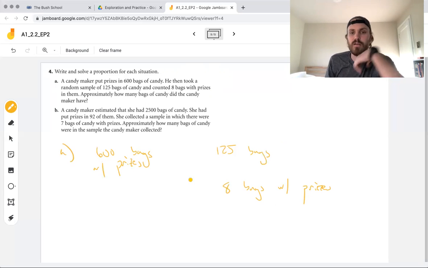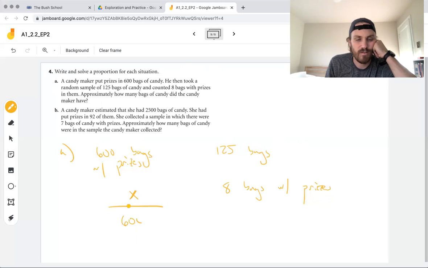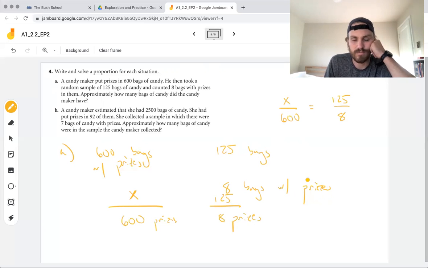Okay, so let's make sure our units match. So total number, that's what we want. Okay, how many? Then 600 out of the total, 600 had prizes. Then out of 125 bags, 8 had prizes. So our proportion should then be x over 600 is equal to 125 over 8.